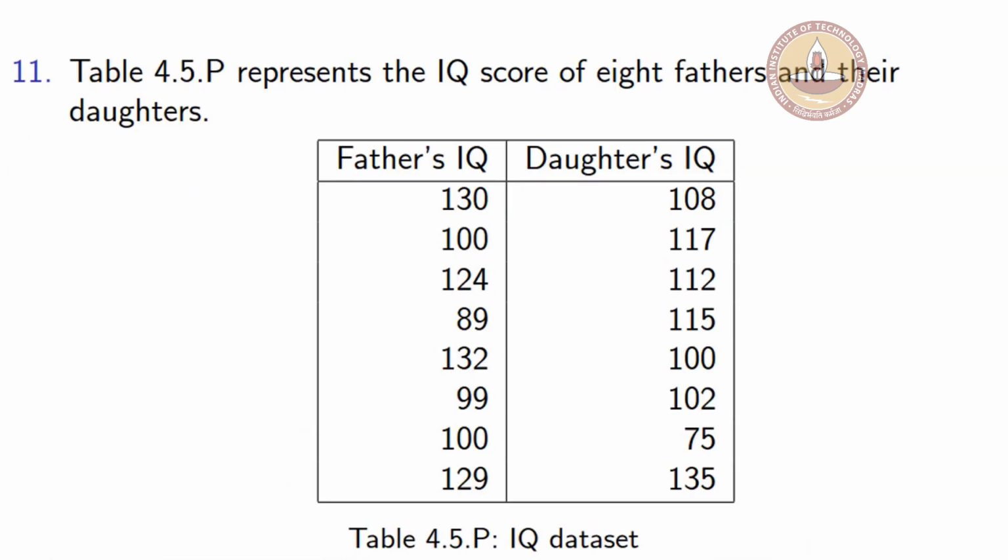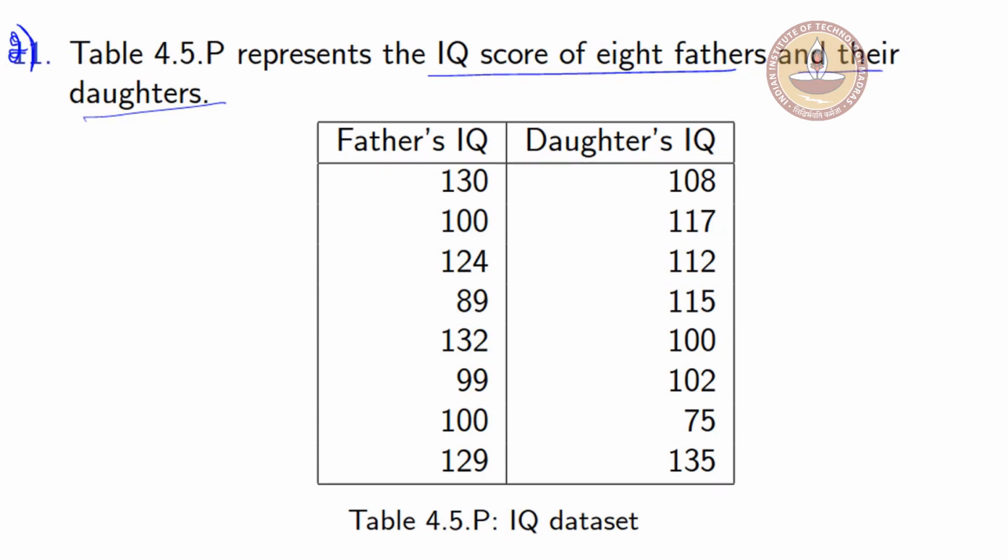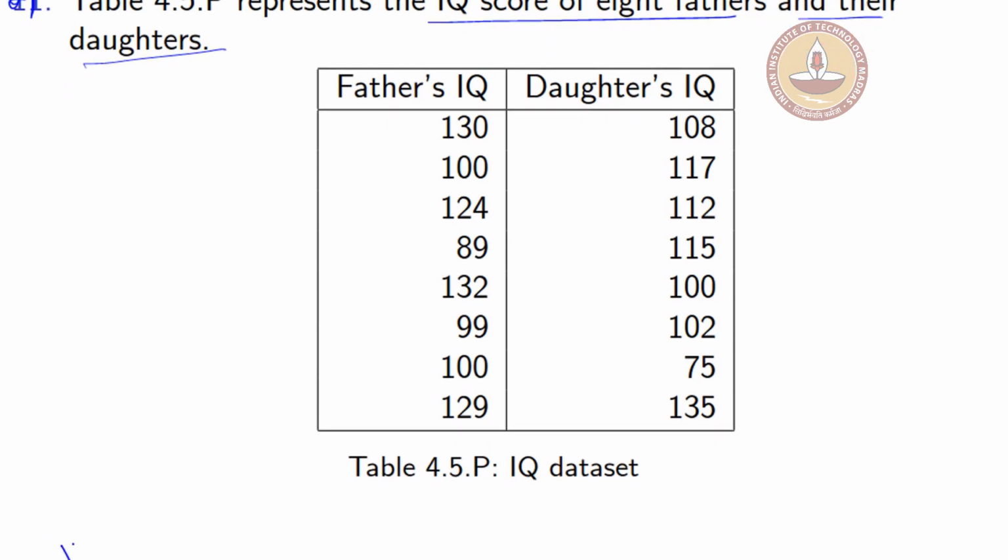So this is our last question. In this question, we have given a table, and the table represents the IQ scores of 8 fathers and their daughters. So let us assume that X represents the father's IQ and Y represents their daughter's IQ.